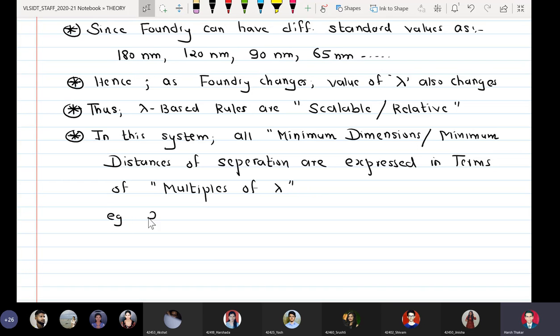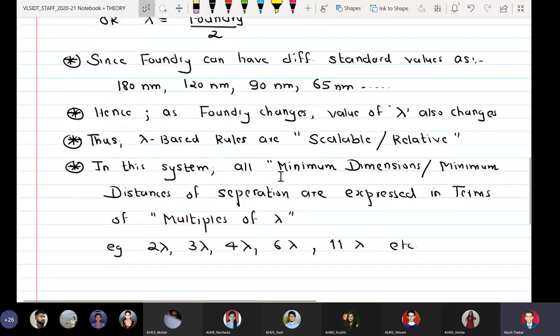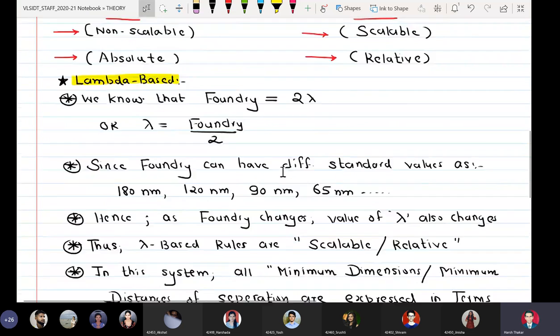For example, 2 lambda, 3 lambda, 4 lambda, 6 lambda, 11 lambda, etc. We will try to appreciate in Microwind how all the minimum dimensions or minimum distance of separation are expressed in terms of multiples of lambda.